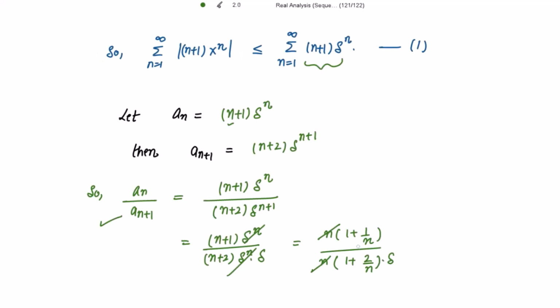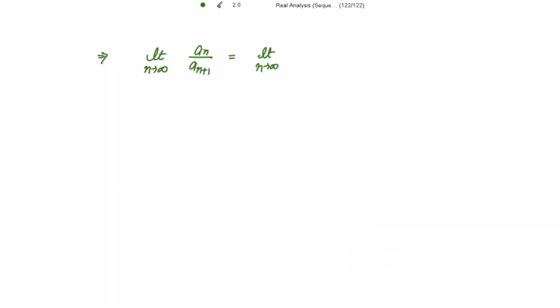Limit n tends to infinity an divided by an plus 1 is equal to limit n tends to infinity of 1 plus 1 by n divided by 1 plus 2 by n into delta. This becomes 1 plus 0 divided by 1 plus 0 into delta, that is equal to 1 over delta.